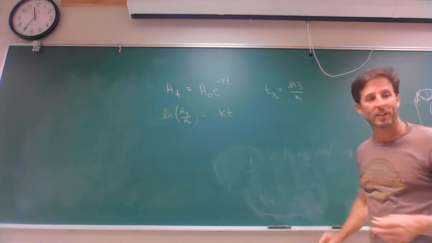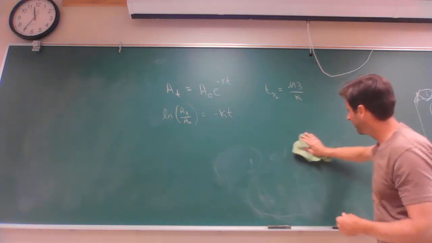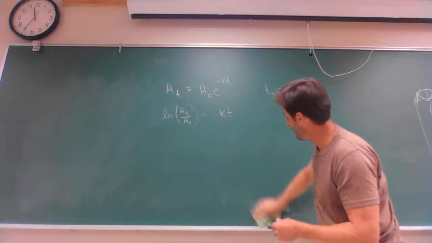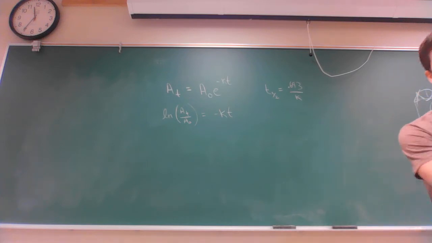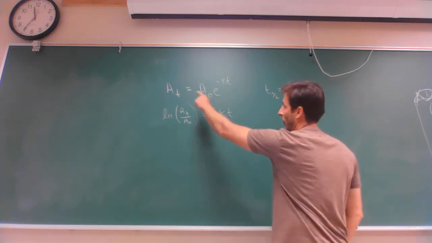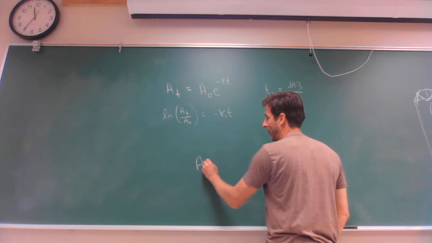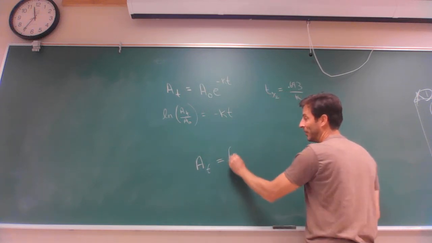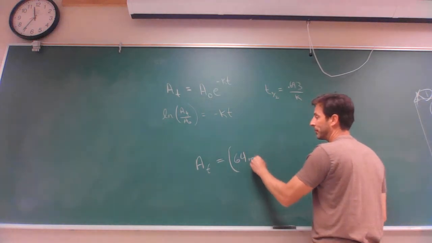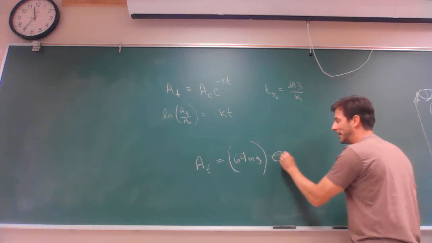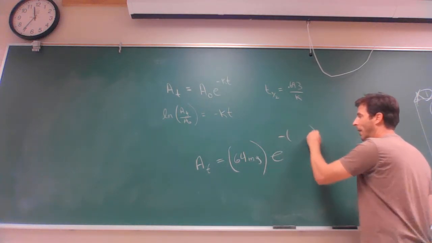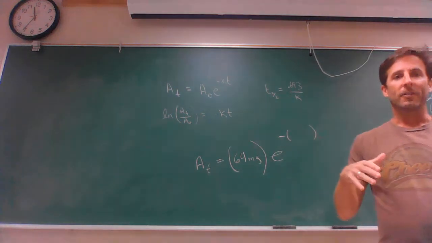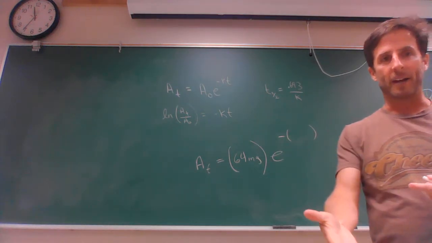Okay, so let's work the same problem using the other equation and just see if we get the same answer. So I'm going to use the top equation. AT is the amount that's remaining. That's what I'm solving for. Equals A0, which is 64 milligrams, times e to the negative... Now, a problem I have, they didn't give me the value of k.